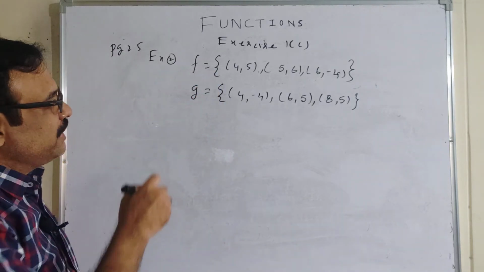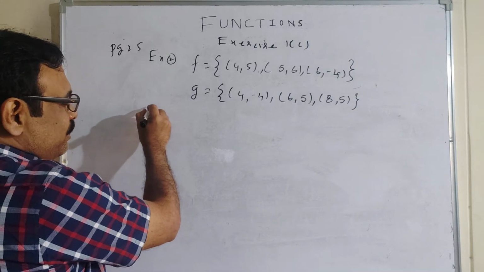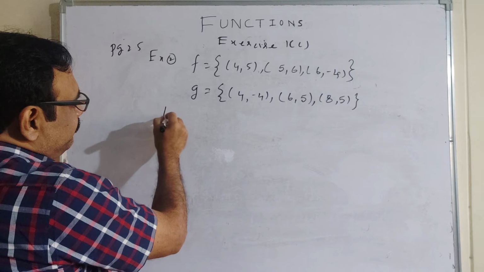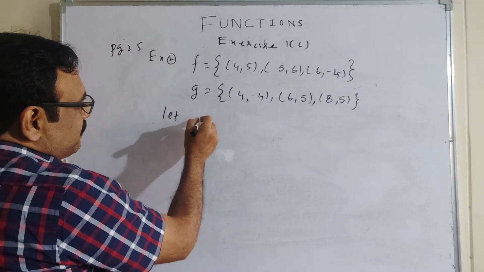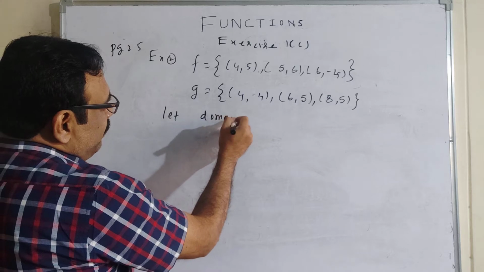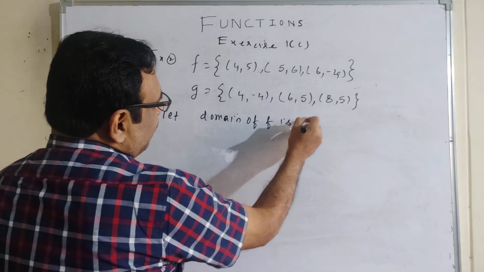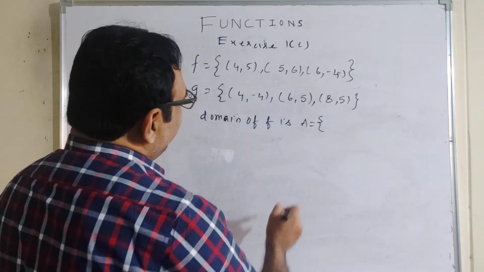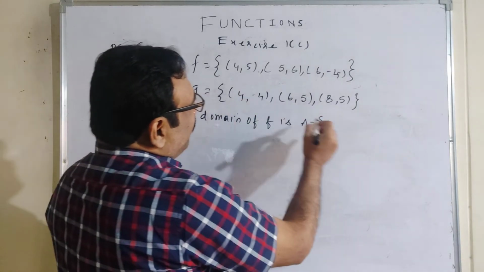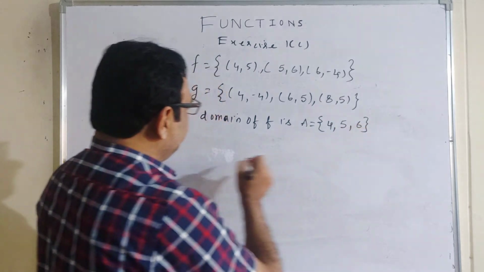First and foremost thing, what I'll do is, while doing the solution, the domain of f, I'll consider this is set A. The domain elements are nothing but 4, 5, 6.